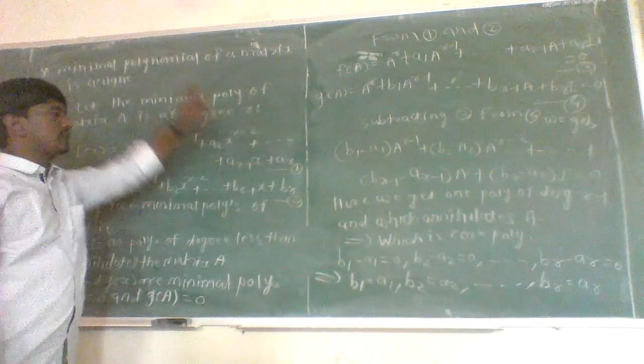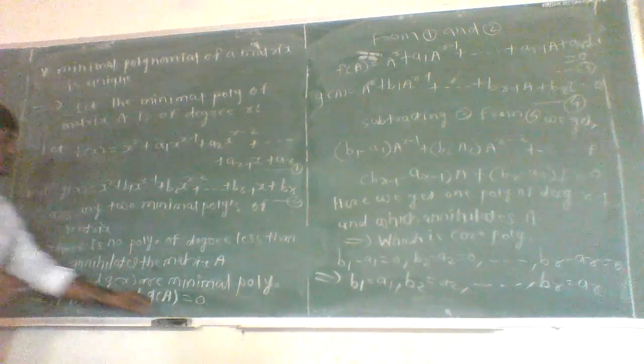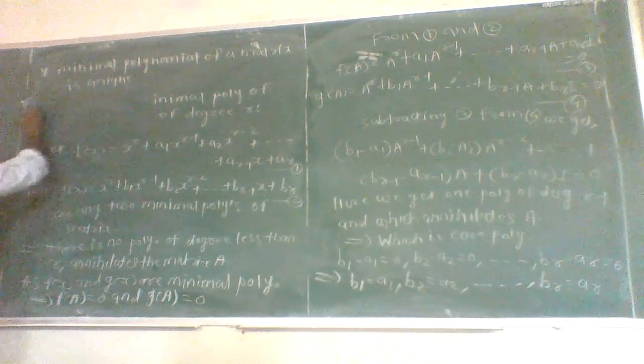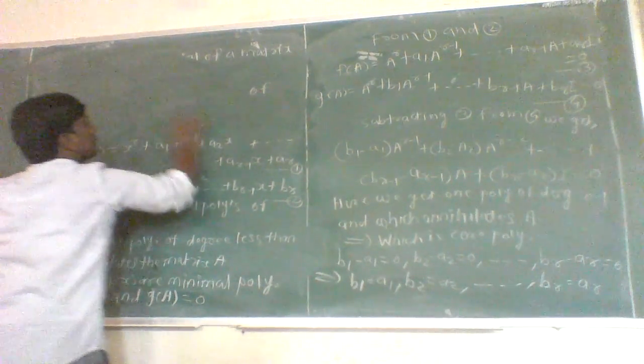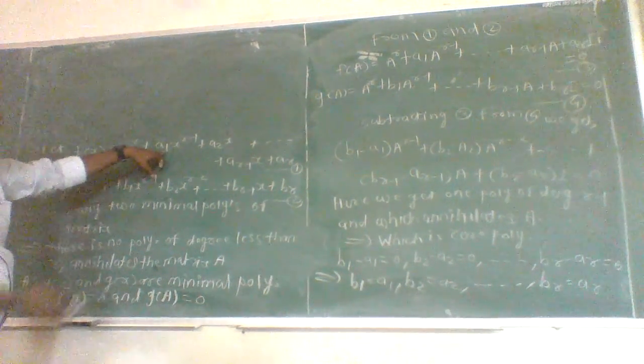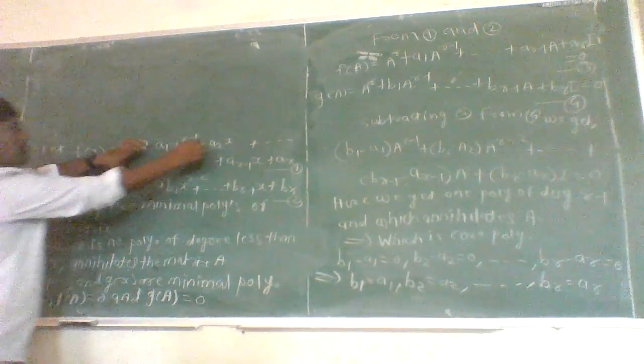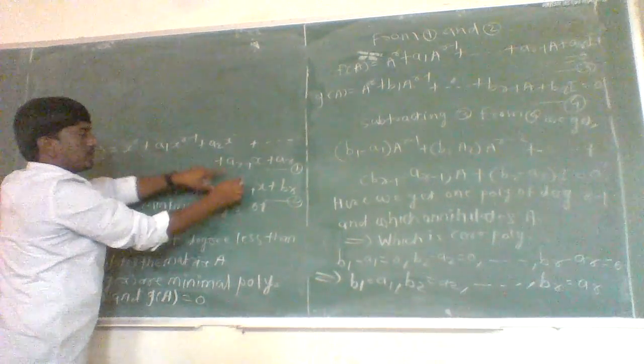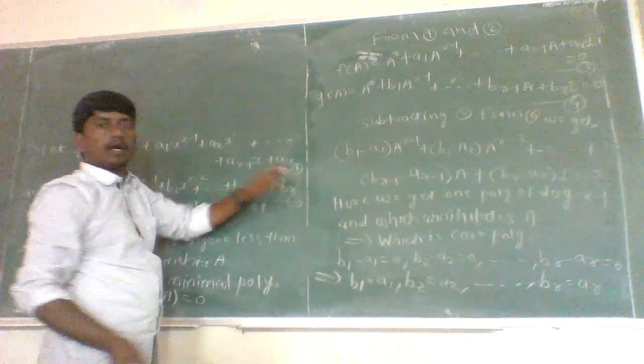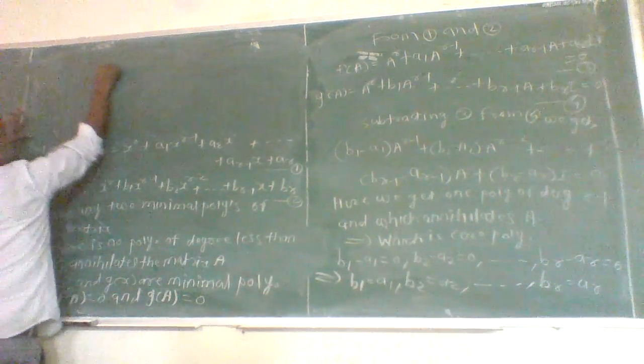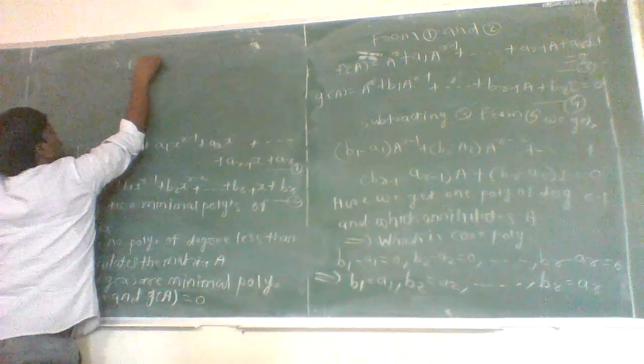Now put these values in polynomials f of x and g of x. If we put a1 equal to b1, a2 equal to b2, a r minus 1 equal to b r minus 1, a r equal to b r, therefore these two polynomials are actually the same polynomial, which implies f of x is equal to g of x.